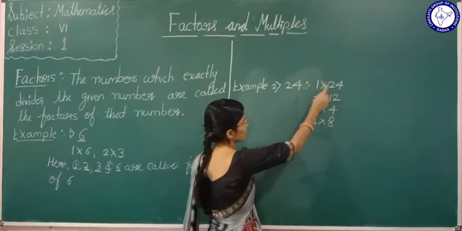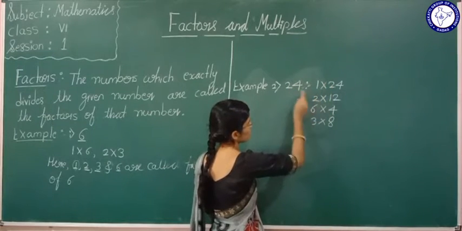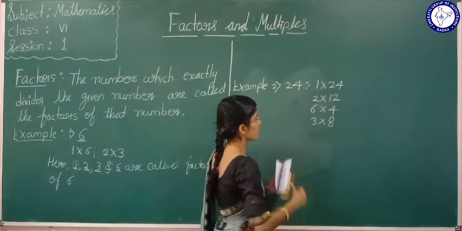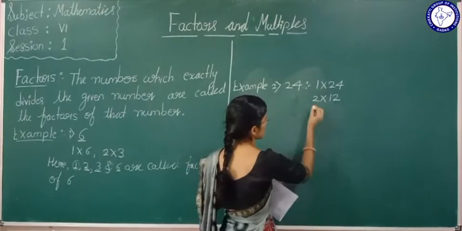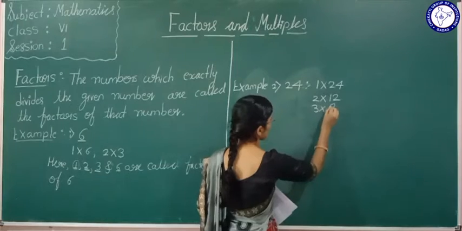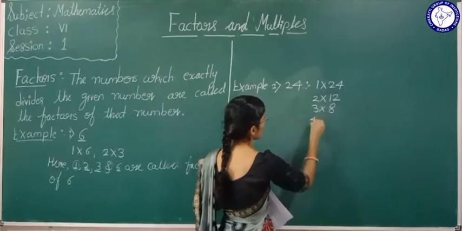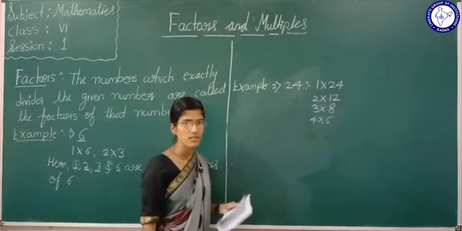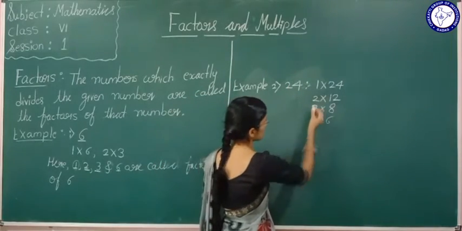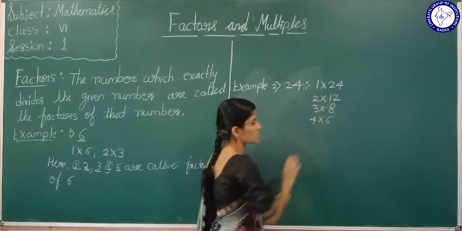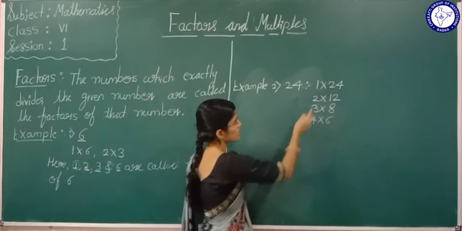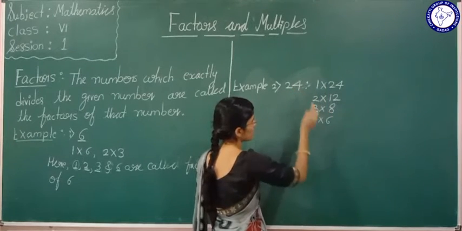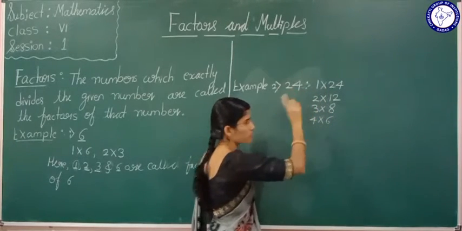See here, 1 24s is 24, 2 12s is 24, 3 8s is 24, 4 6s are 24.